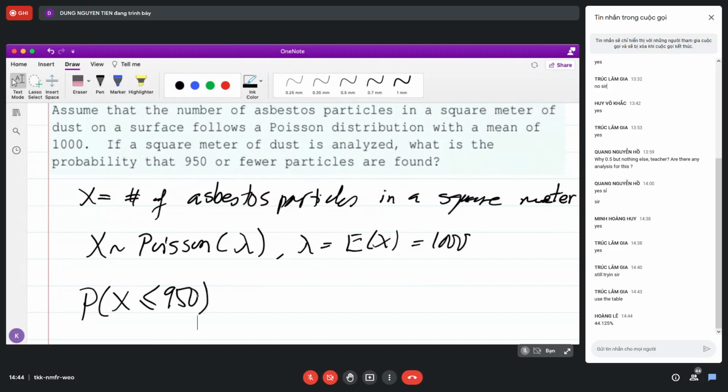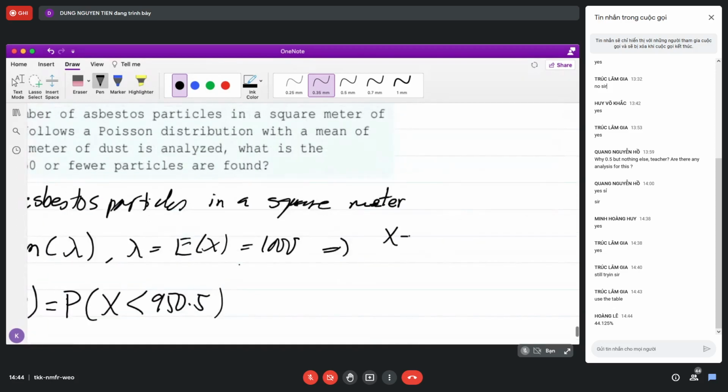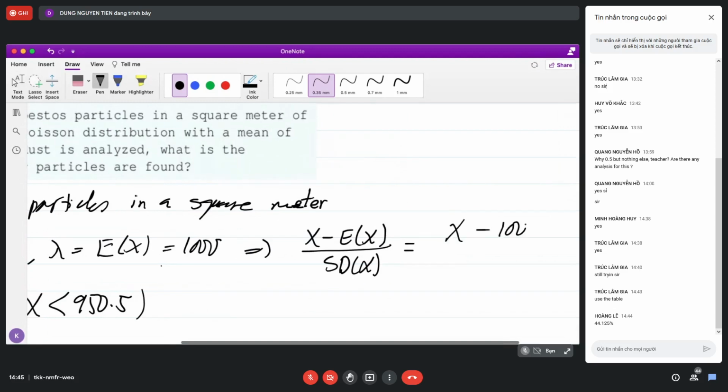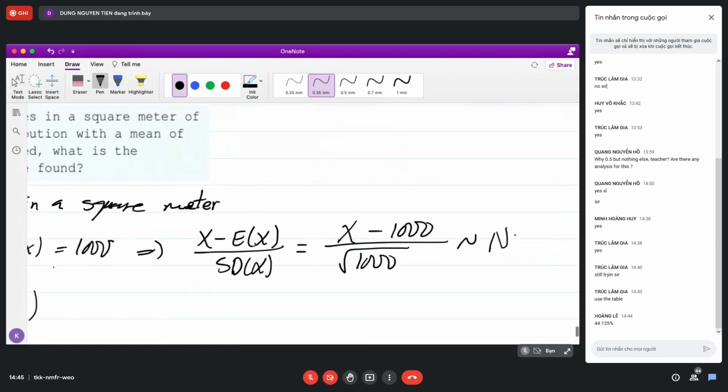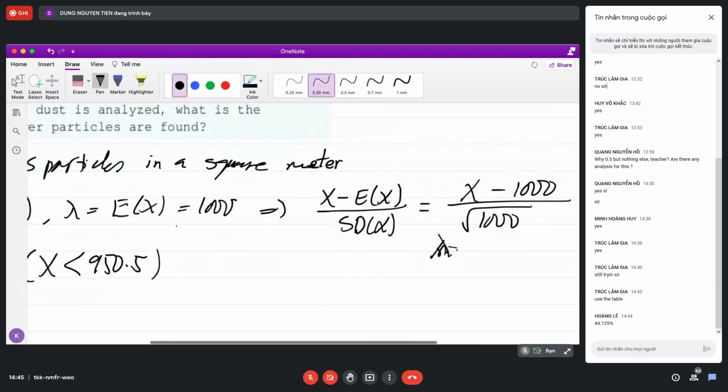Now you can use the Poisson distribution to get the answer, or you can simply use the normal approximation. So I come up with X less than 950.5, okay? And from here, I can say that (X minus the mean of X) over the standard deviation of X, which is (X minus 1000) over the square root of 1000, approximately follows the standard normal distribution, because lambda in this case is 1000, which is quite big, right?